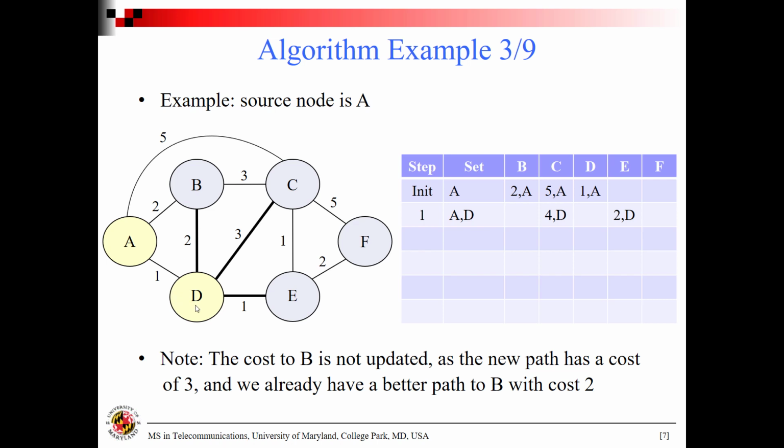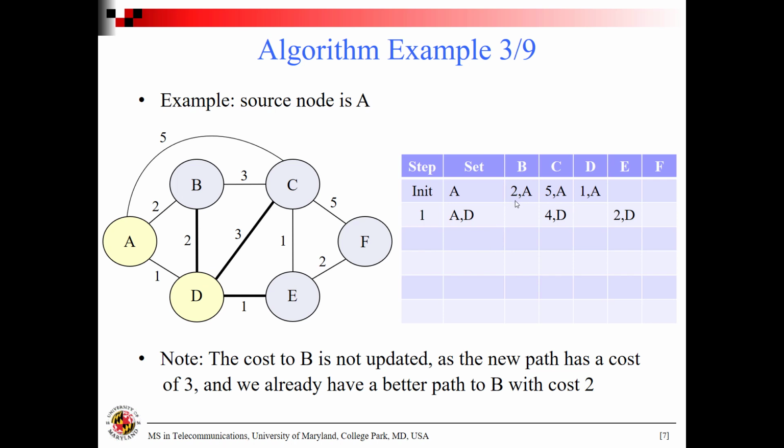Well, if we extend the path from node D to B, and that particular link has a cost of 2, and the cost of the path from A to D is 1, then the total cost of the ADB path is 3, right?